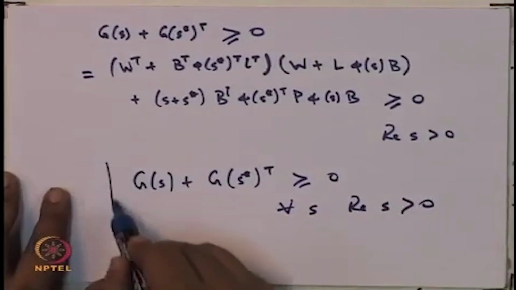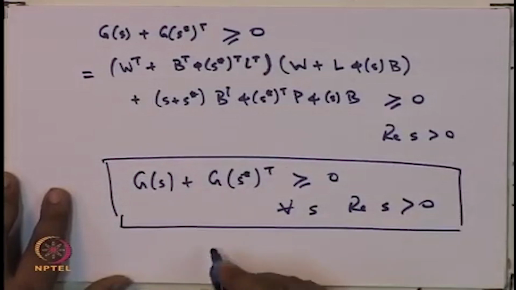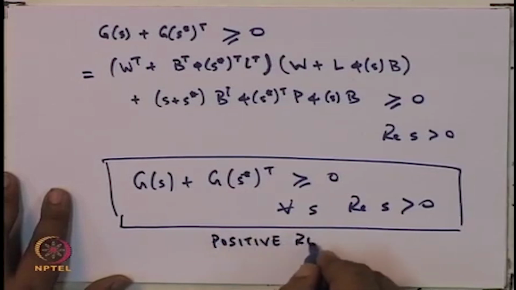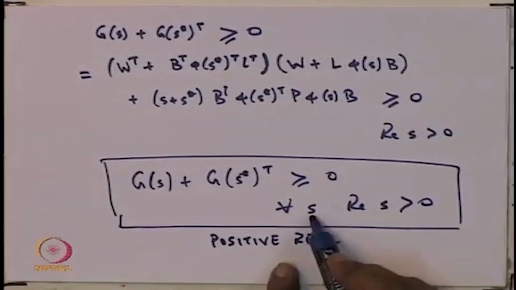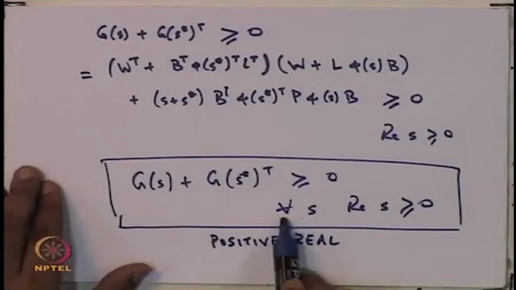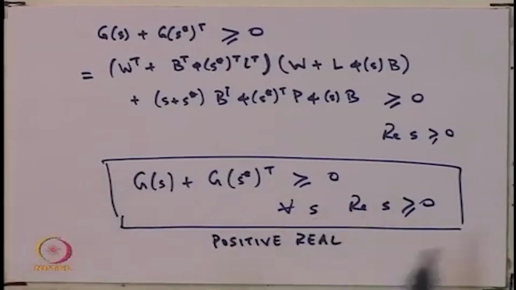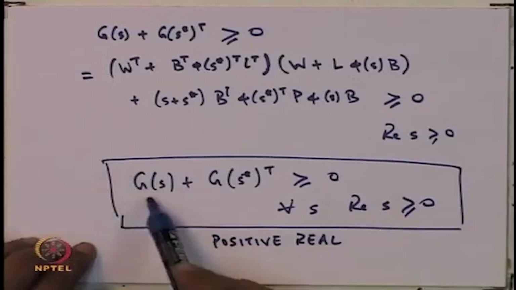And in fact, this should ideally be taken as the definition of positive real. Rather than use s in the imaginary axis, which means looking at whether the Nyquist plot is in the first or the fourth quadrant, it is this definition.